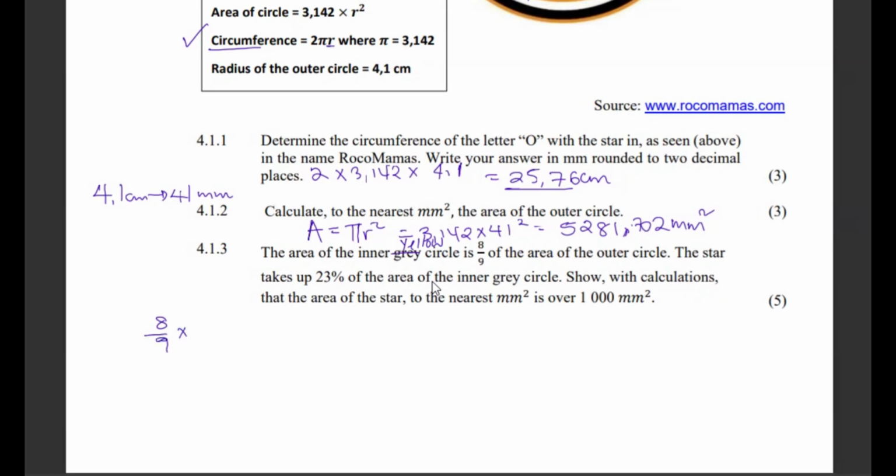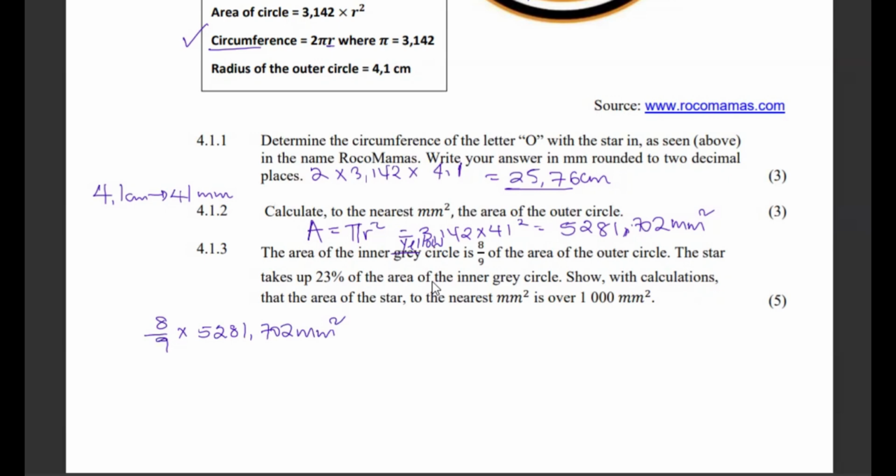The area of the outer circle we've already got as 5,281.702 millimeters squared.